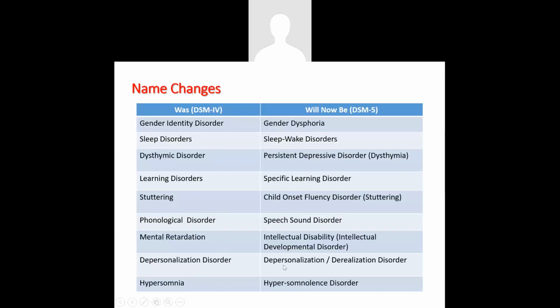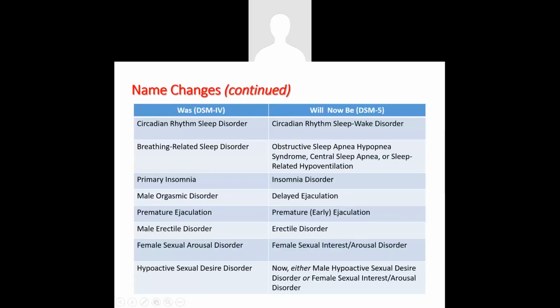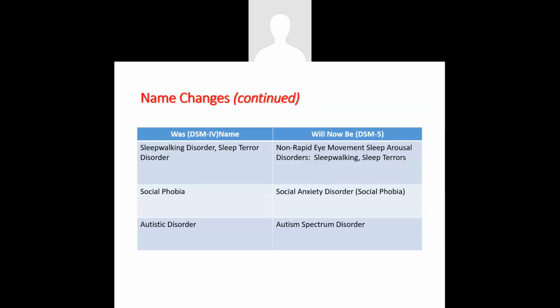Depersonalization disorder has now shifted to include derealization disorder. And let's see what else we have. A lot of these things you're not going to see a whole lot, so I'm not going to spend a ton of time going over them, but you can read through, just see the shifts and the changes.